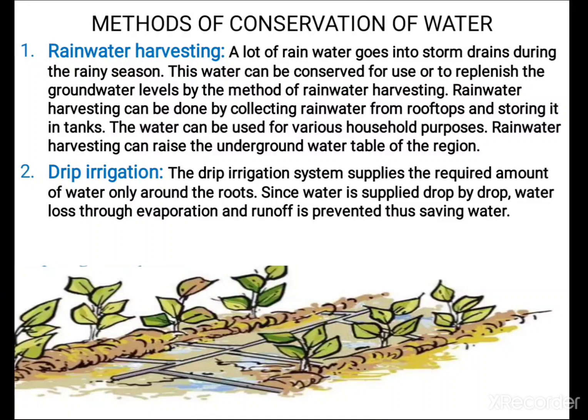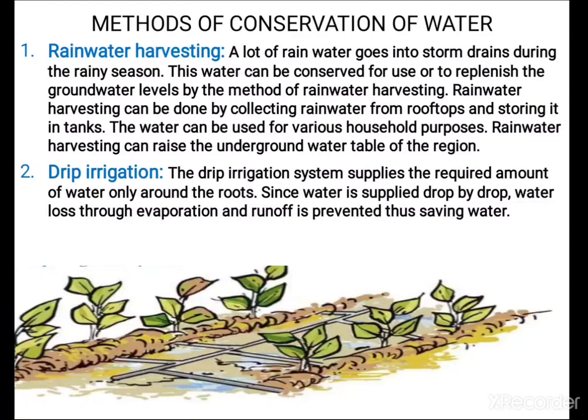Rainwater harvesting can be done by collecting rainwater from rooftops and storing it in tanks. The water can be used for various household purposes. Rainwater harvesting can raise the underground water table of the region.